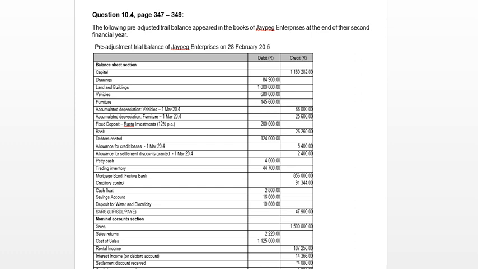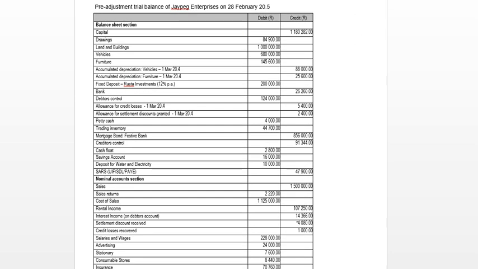It will be this question 10.4, which will be a question using the perpetual inventory system, and then we'll do another question which will be on the periodic inventory system. Okay, so looking at JPEG Enterprises, we've got our pre-adjusted trial balance as at the 28th of Feb 2005. So that's basically the last day of our financial year.